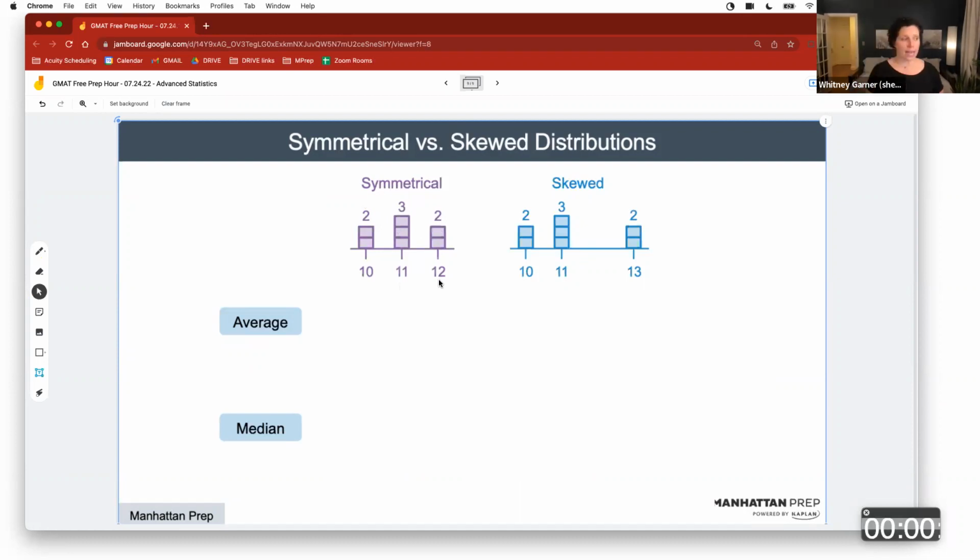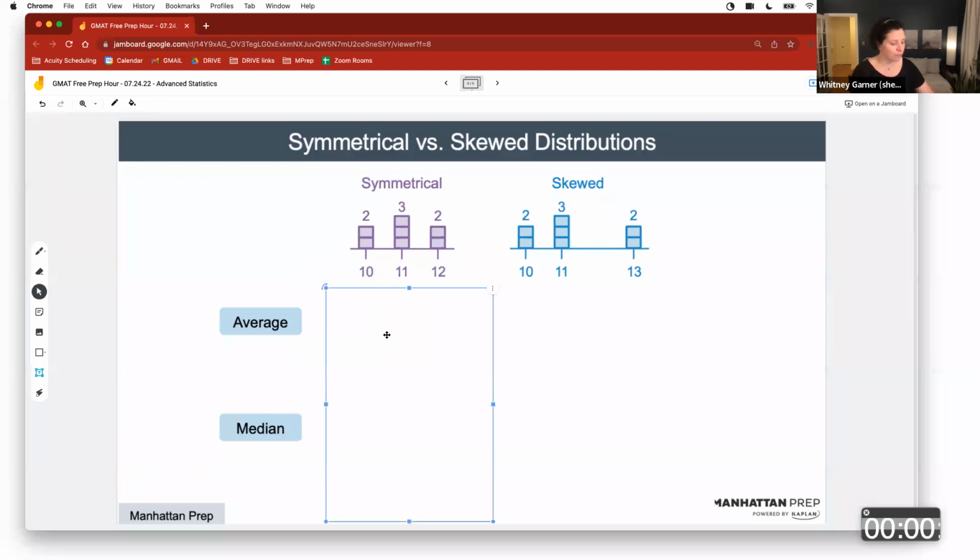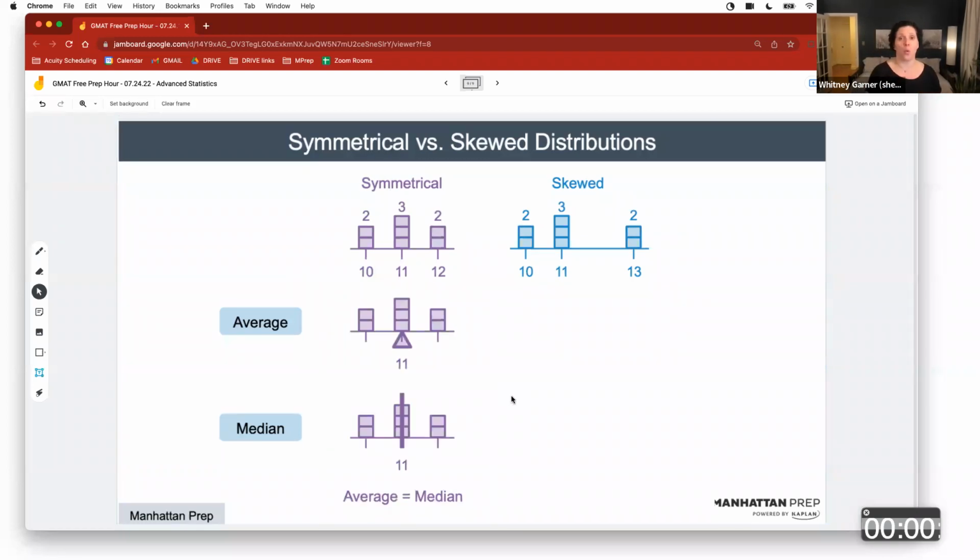So 2 people scored a 10, 3 people scored an 11, and 2 people scored a 12. When I have a set that is symmetric, it doesn't have to be evenly spaced or anything fancy, the average and the median will be that middle point and they'll be equal.